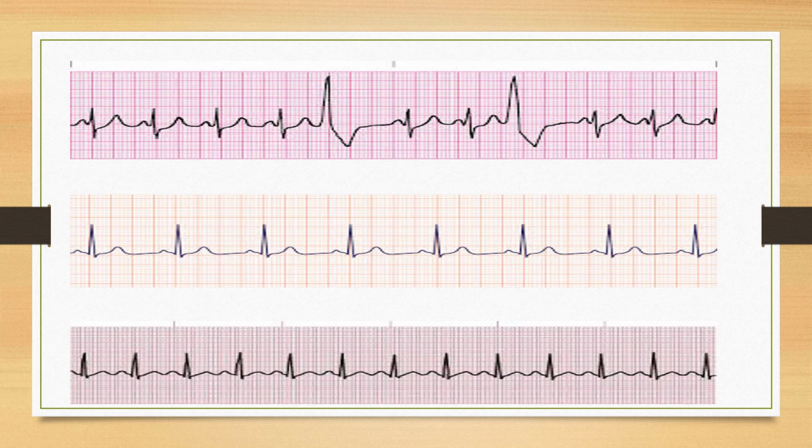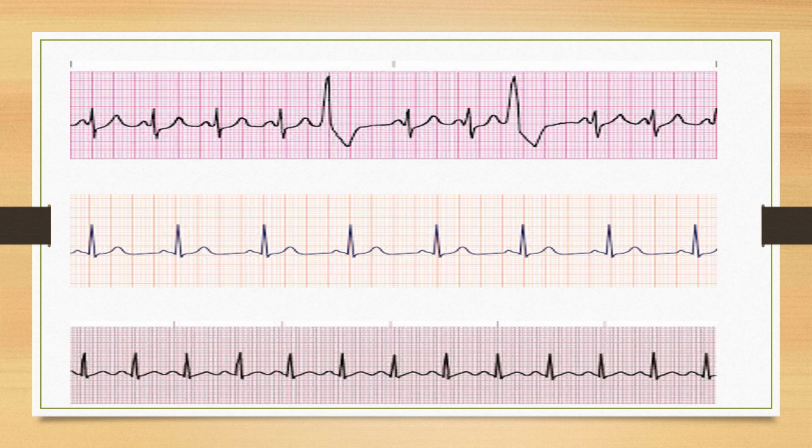Okay. Typically, we don't do anything for these unless they're very frequent, and then we can use an antiarrhythmic, such as amiodarone, if they're super frequent and they're causing a lot of symptoms for the patient. Okay. If they're infrequent, no treatment needed.